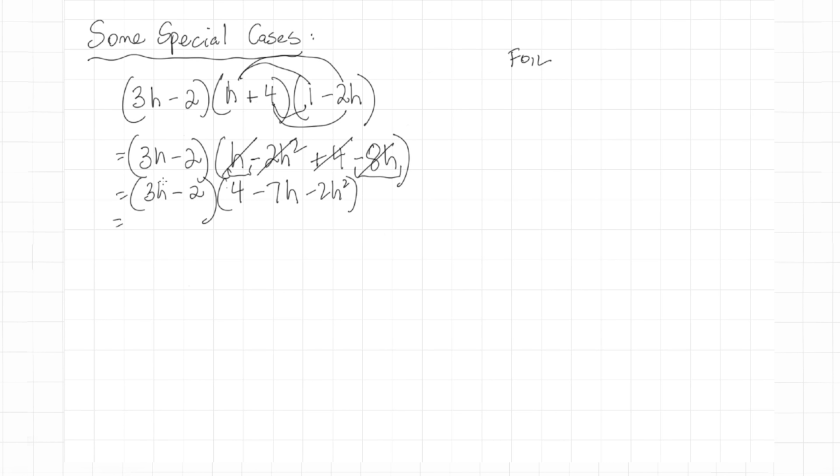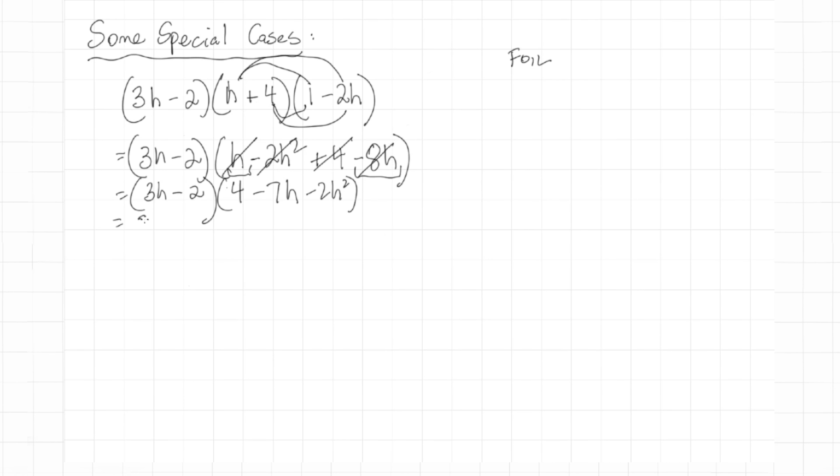Next step is to use the distributive law to expand these two brackets. There is no FOIL for doing brackets when we've got three terms inside, so it's just a matter of going right back to the distributive law. The 3h will be distributed over every term in the second.